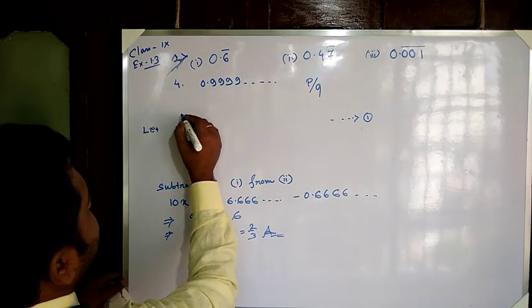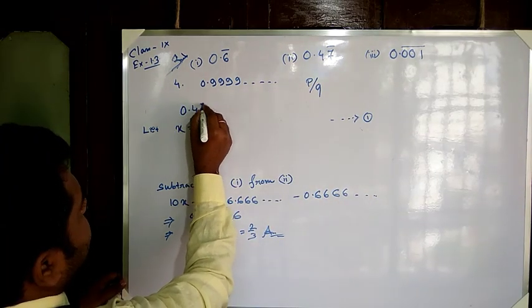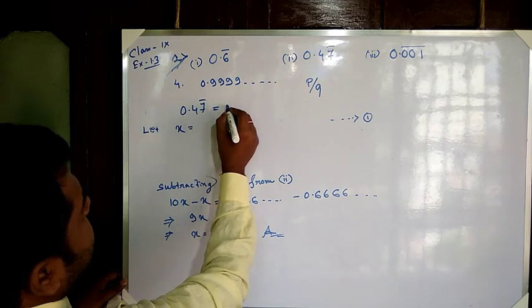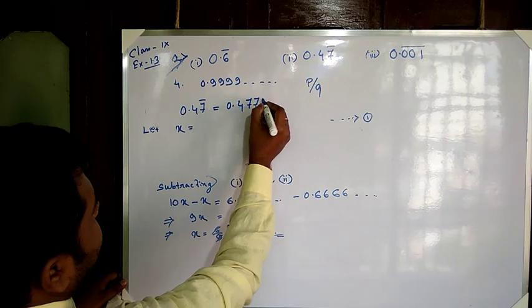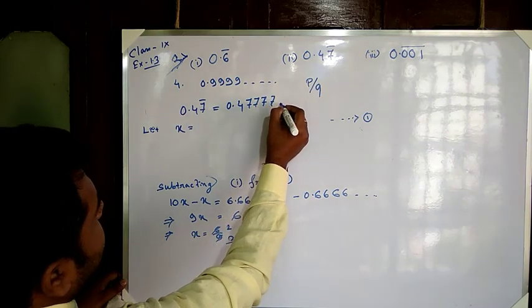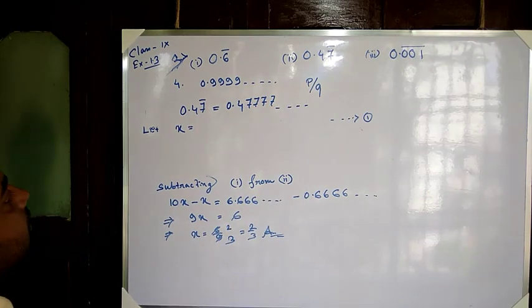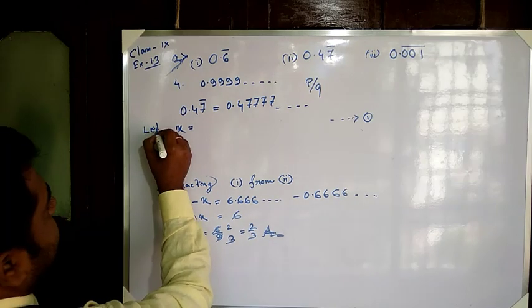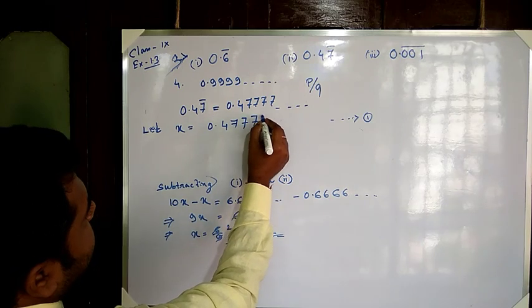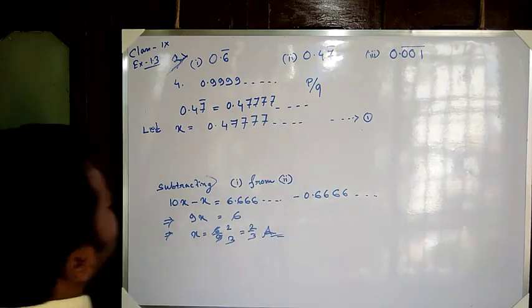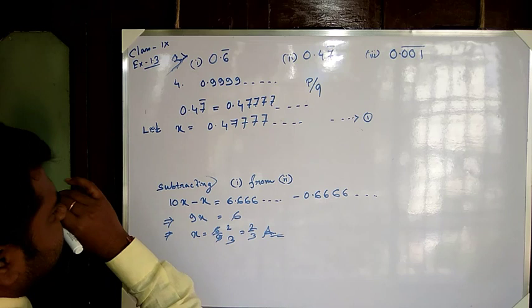Next, see what is the question? 0.47. So 7 is repeating here. So 0.477777 dot dot dot. Let x equals 0.477777 dot dot dot.